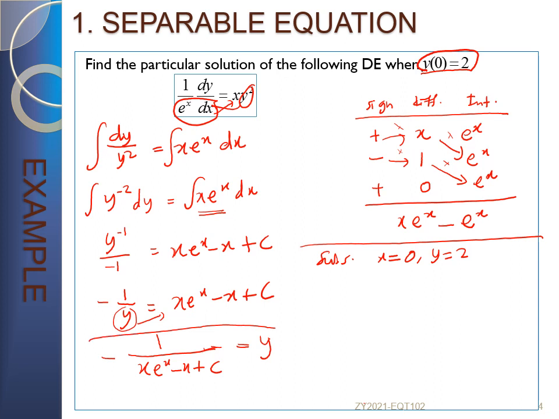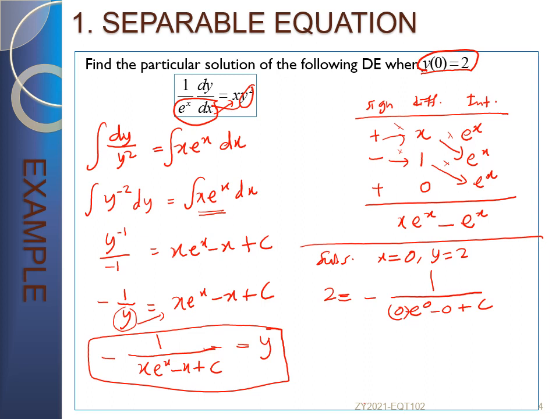So you will get y is 2. Okay, I change the place now. Divide by 1 over 0 times e^0 minus 0 plus c. So this one is 0, 0.